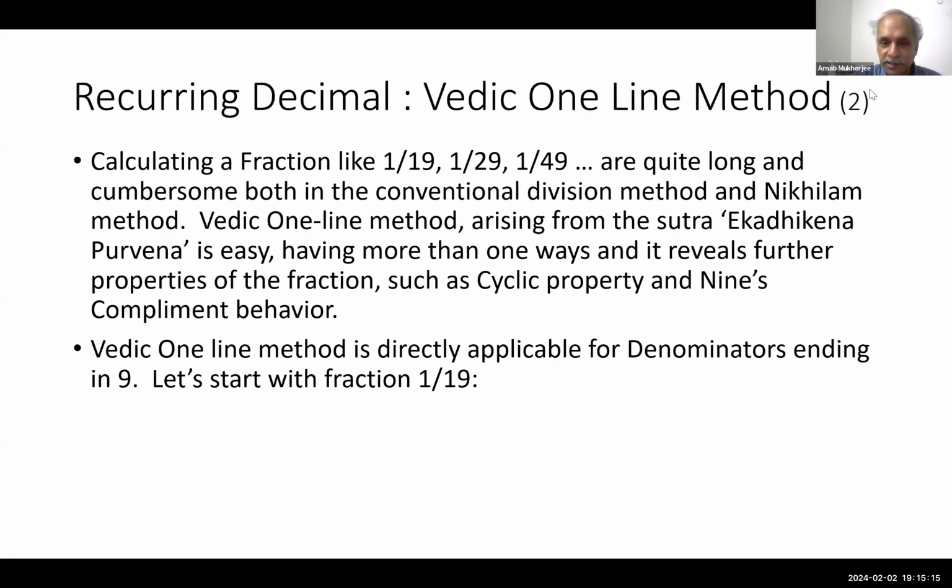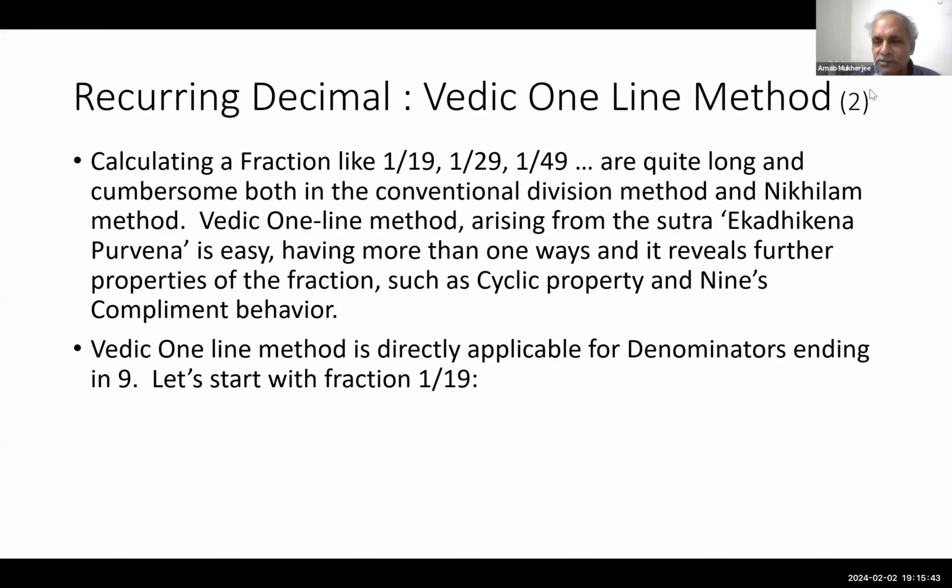In this particular case, I'm telling 1, and you are dividing by 2. In general, if the dividend is less than the divisor, what will be the quotient? You remember the division? We put it like this.